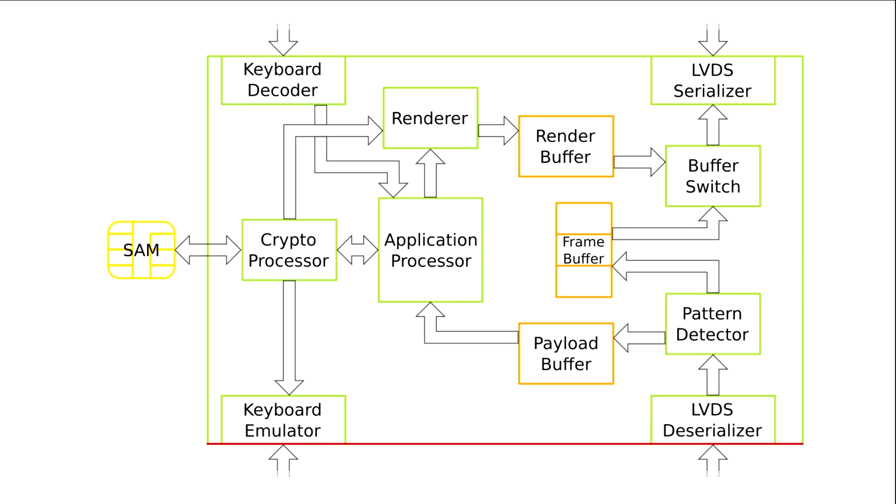So let's consider now the case of a frame that contains actual encrypted payload data. Now, the key for this data is, depending on the implementation, either in the FPGA itself or in an external secure access module, so basically a smart card. And the CPU and graphics processor which formatted that data for me do not know that key, so they can't decrypt it.